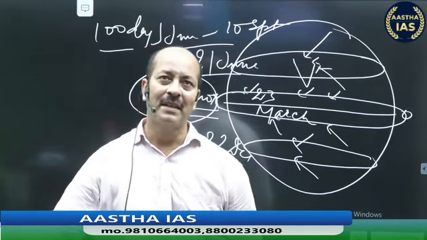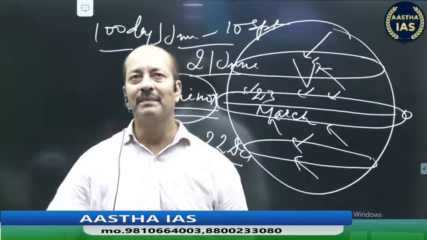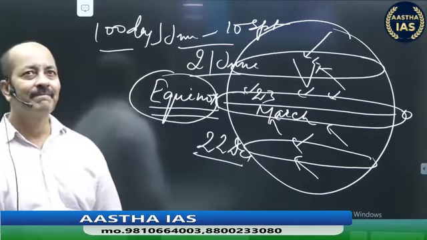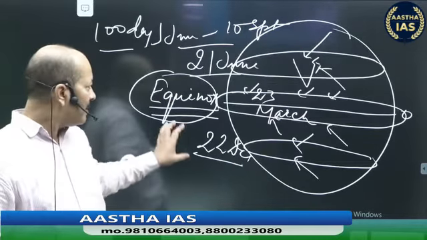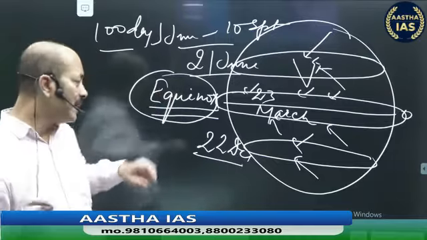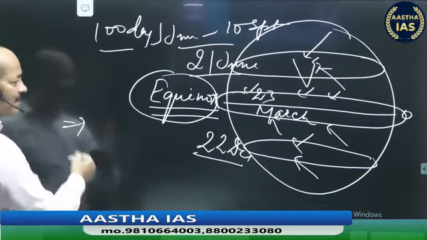Point 1, you write. During equinox, point 1, you can write number 1 or hash.